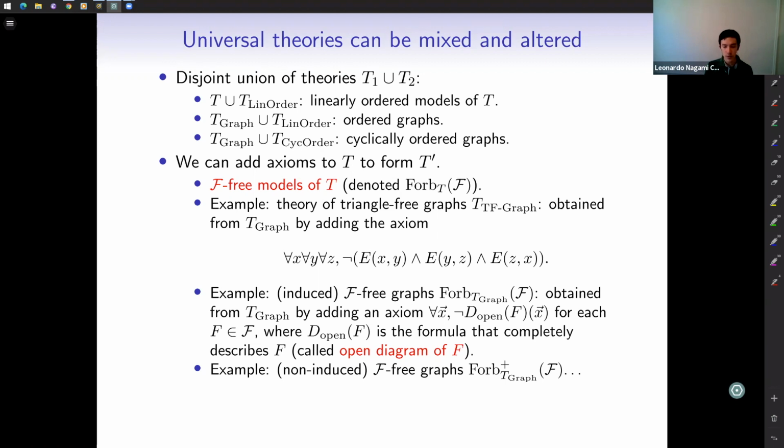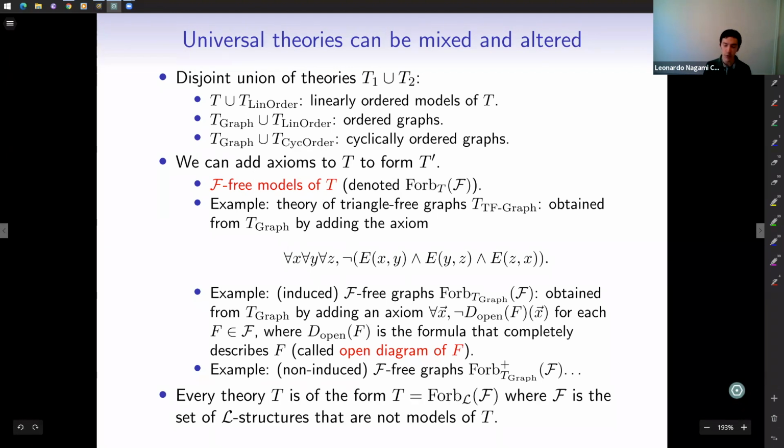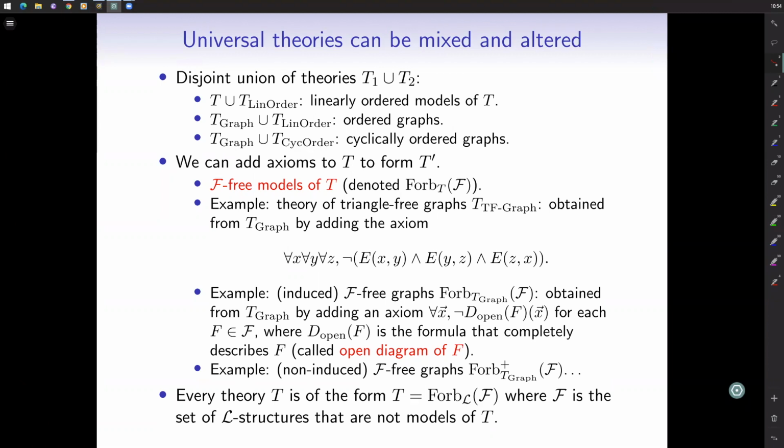So one last thing I want to talk about this forbidding construction is that you can always see theories as Forb F for some F. Say if I give you a theory T, you can think of it backwards. You start with an empty theory that doesn't have any axioms, over some language. But then if the theory doesn't have any axioms, you have all possible structures. But then you say, well, I actually wanted my theory T. So you look at all the structures that are not models of your theory, and you say, well, my theory is nothing more than take the empty theory and forbid all these guys that are not models.